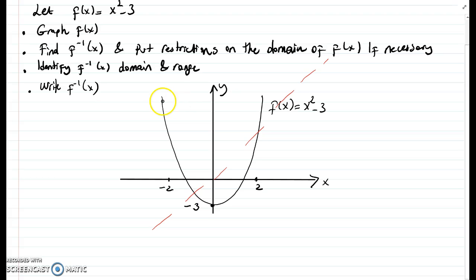So f of x is a function with the toolkit function x squared pulled down 3 units, and this red dashed line is the y equals x line that we are going to use to think about the inverse of f of x.